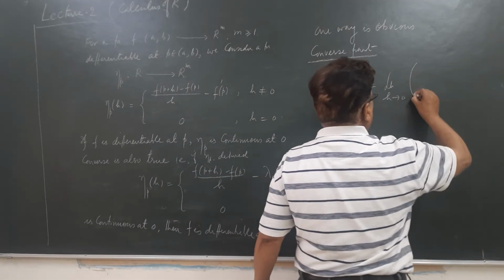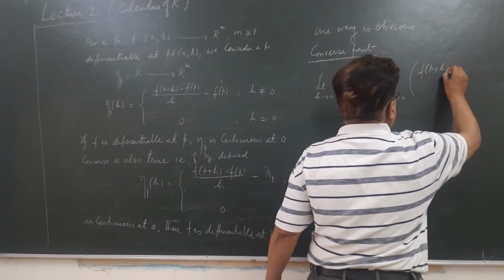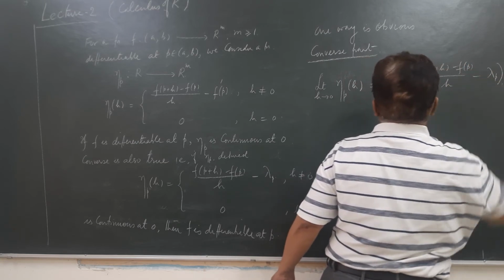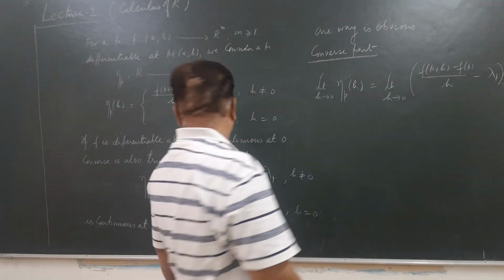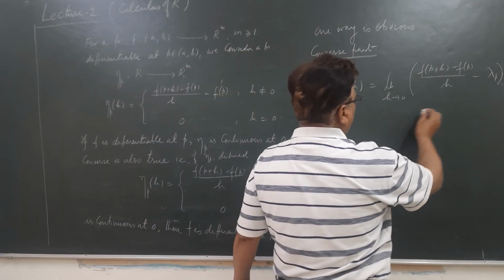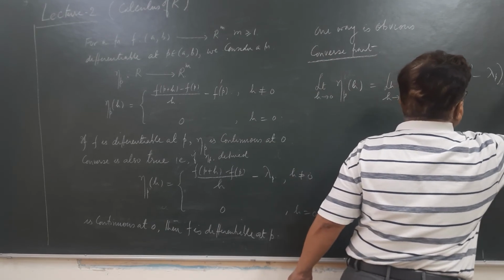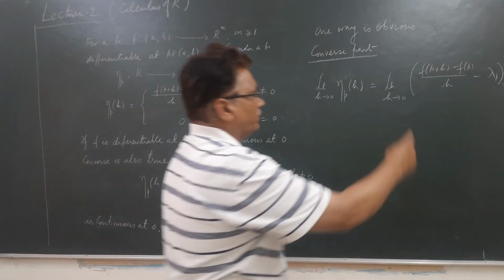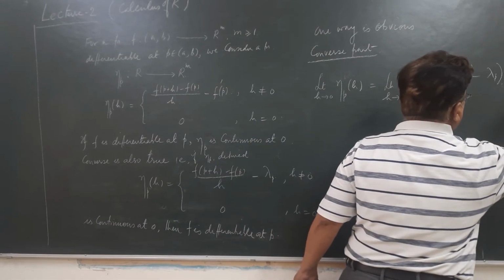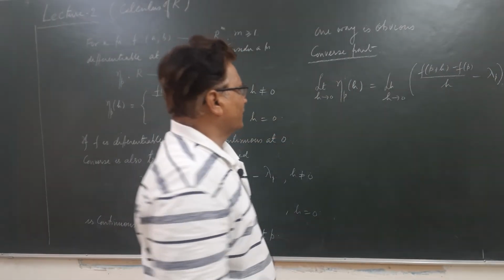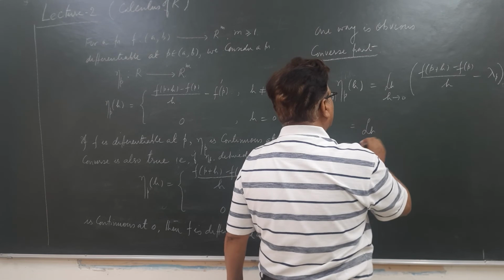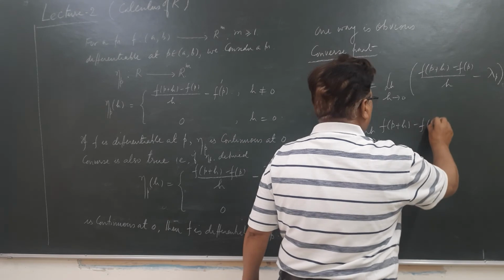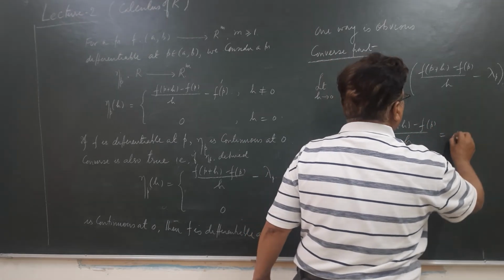So this is f(p+h) minus f(p) upon h, minus lambda p. Now this is continuous, so it must be equal to eta p at 0. We are assuming that this is a continuous function. And what is eta p(0)? Look at the definition. This is 0. So what have you proved? You have proved that the limit as h tends to 0 of f(p+h) minus f(p) upon h is equal to lambda p.